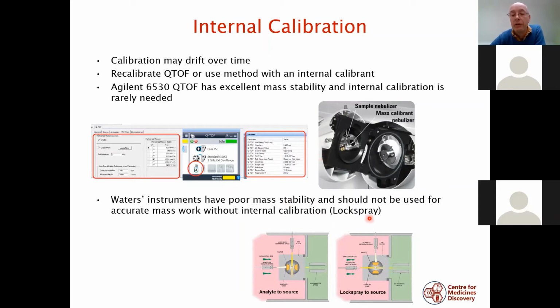In Waters instruments, they refer to this as lock spray, and there's a baffle here. So what happens is when you're running your sample, this baffle is continually switching. I think it switches about once every 15 seconds and introduces spray from the second nebulizer, which is your lock spray, and you can have this continuous mass calibration.